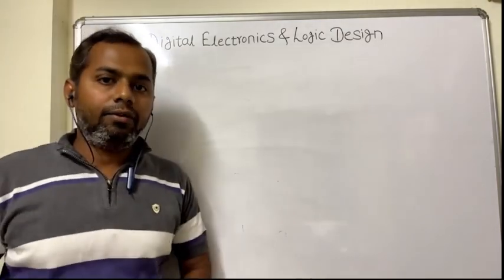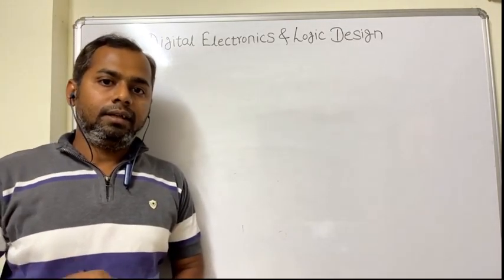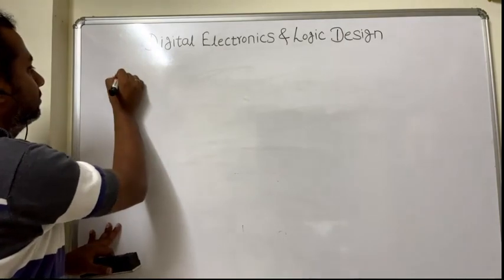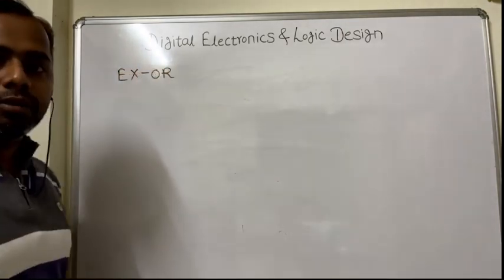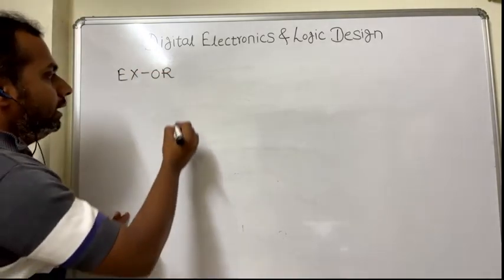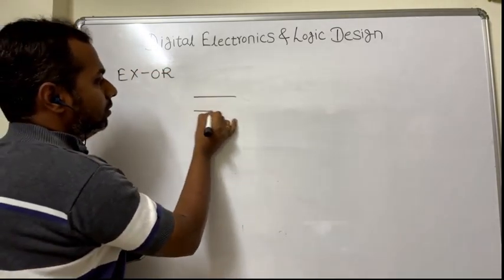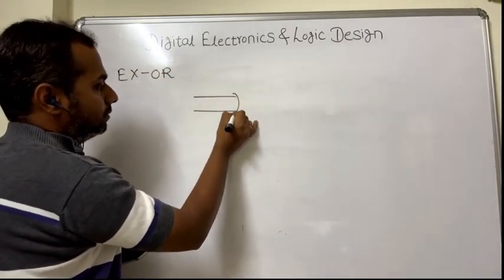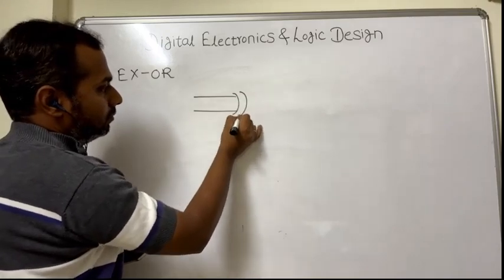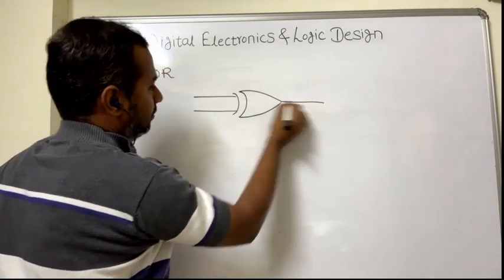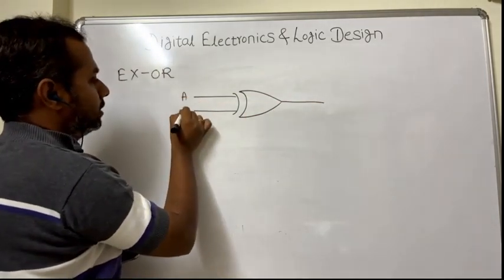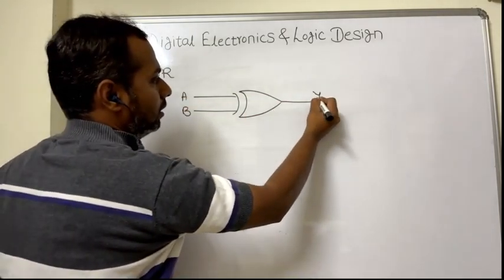Now the next derived gate is XOR gate. XOR. So how to write XOR? The logical symbol of XOR gate is like this. This is the logical symbol of XOR gate for two inputs.